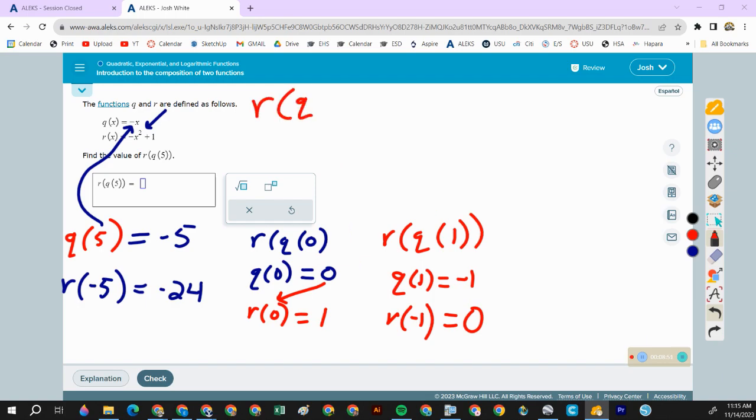R of Q of X. And this is called R composed with Q of X. So I'm going to build a new equation. The name of that equation, this is supposed to be an open circle, is R composed with Q, or we say R of Q. So that's its name, and this is the instructions on how we do it.